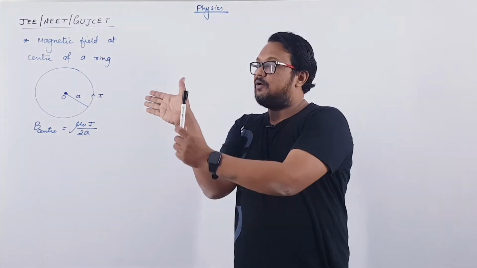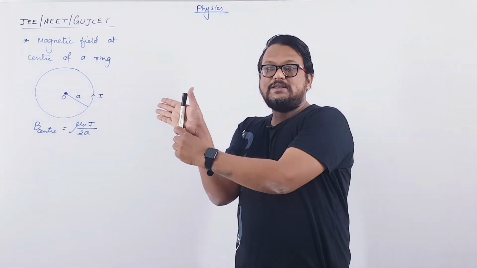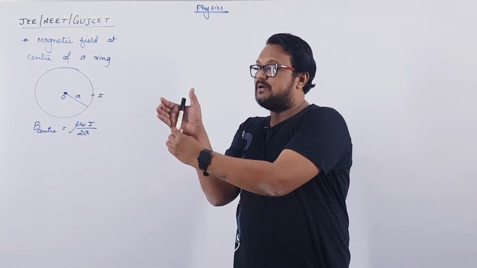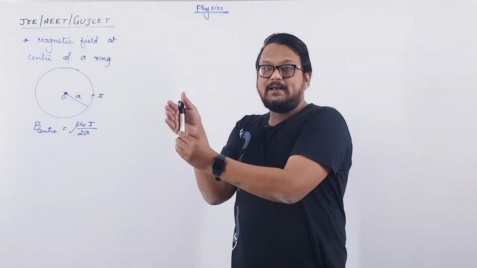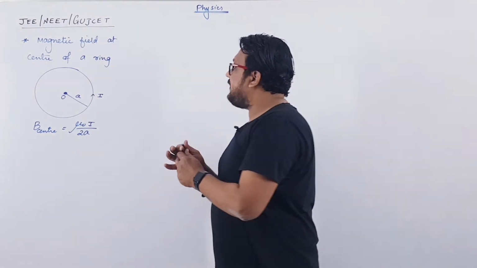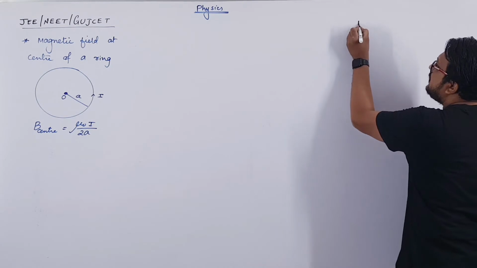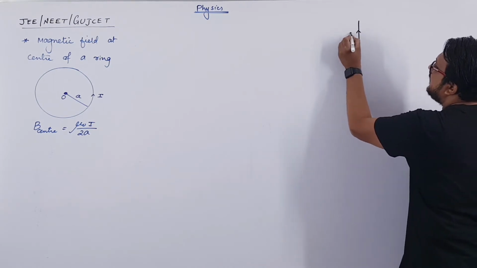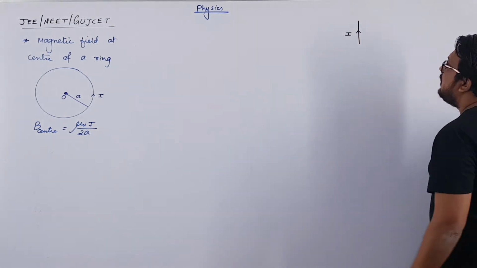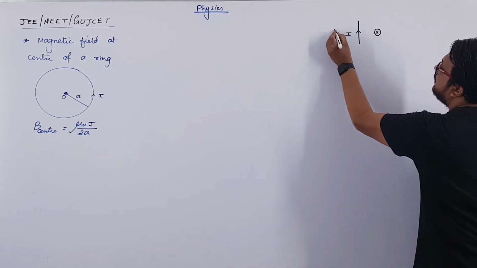So now if you hold this, or if you want to hold this pen, you can see that from this part my fingers are moving out towards you, and on the right hand side it is entering inside. So for a straight current carrying wire which is carrying current in upward direction, magnetic field here will be entering inside and magnetic field here will be coming out.